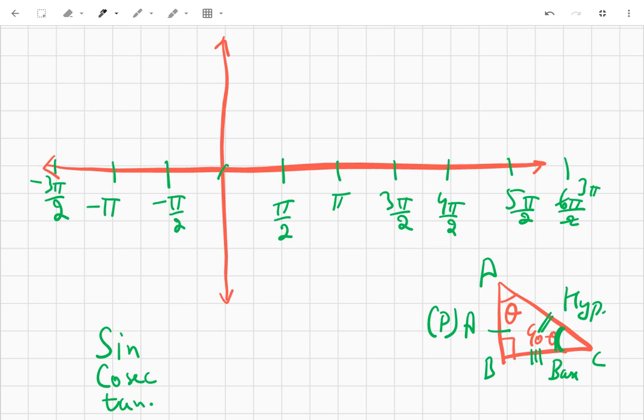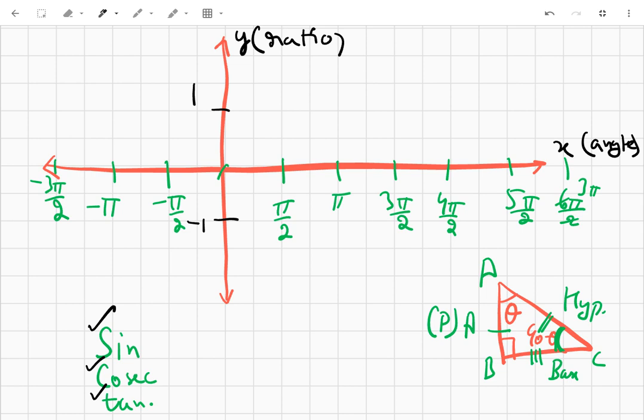This is -1 and this is 1. This is y-axis, this is x-axis. The x-axis has angles in radians, and the y-axis has the ratio of whichever side the trigonometric function refers to.